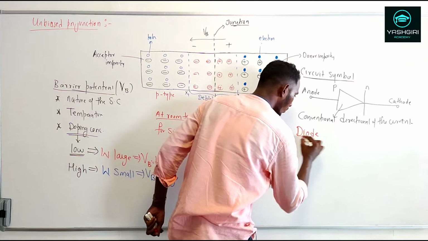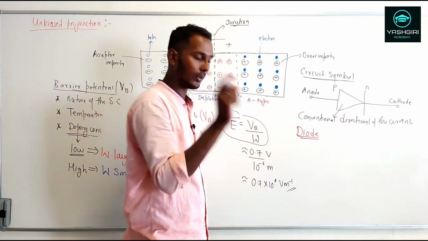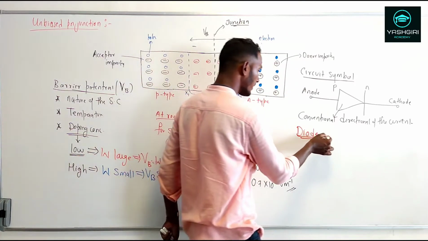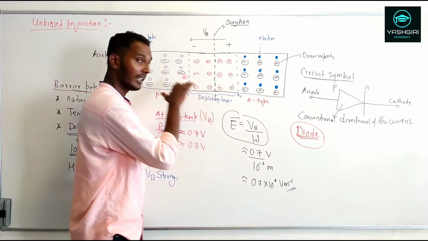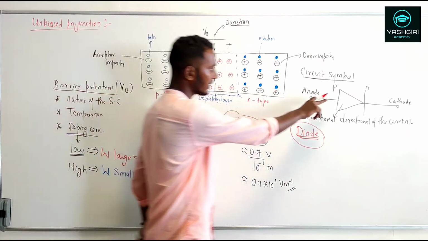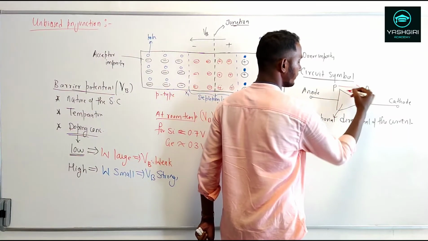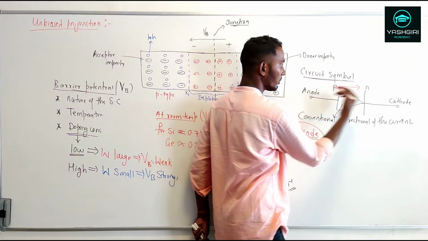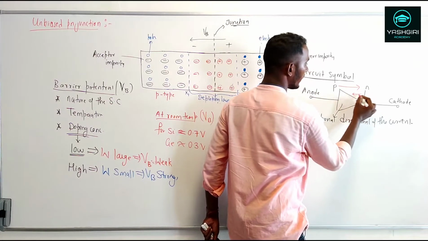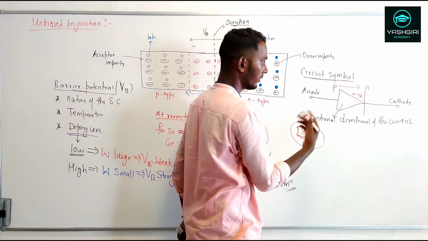Di means two and ode comes from electrode. Now why is it called a diode? Because it will only allow the flow of current in one direction, like in this case, from P to N. It won't allow current in the opposite direction. So there is no current flowing in the opposite direction.